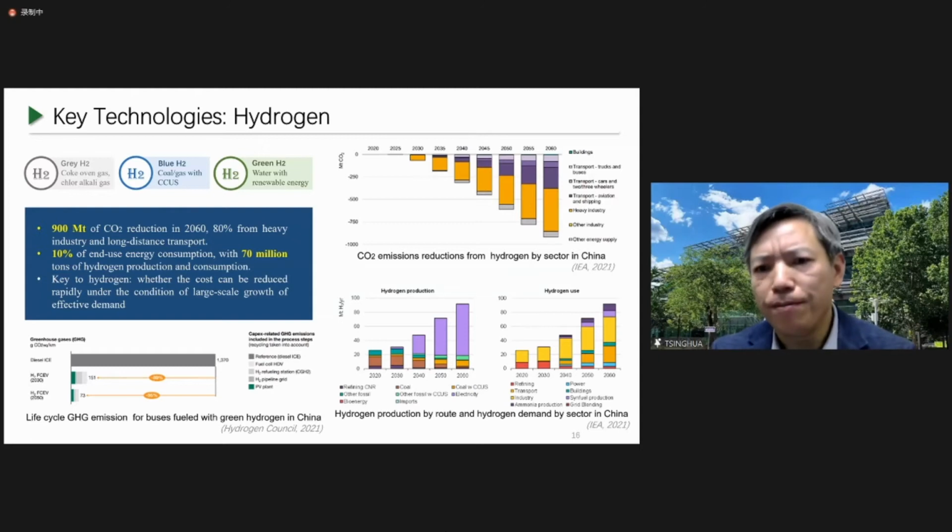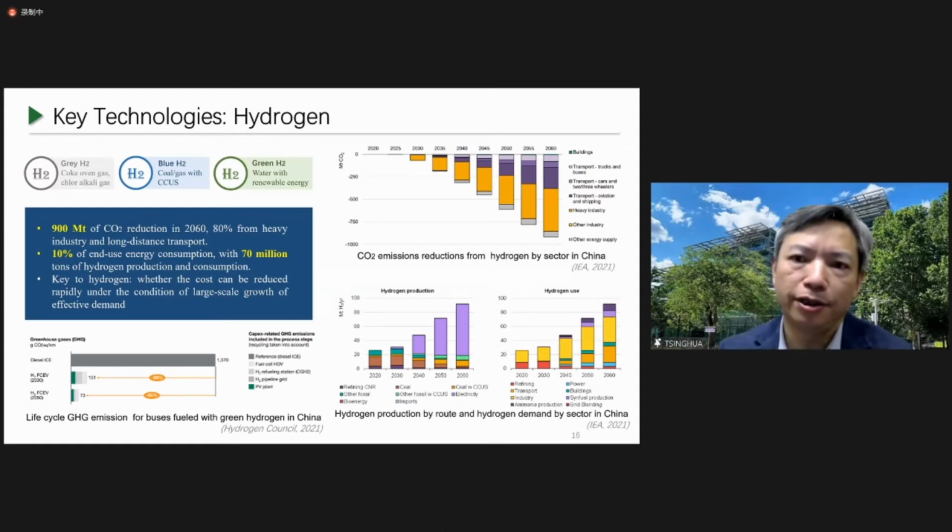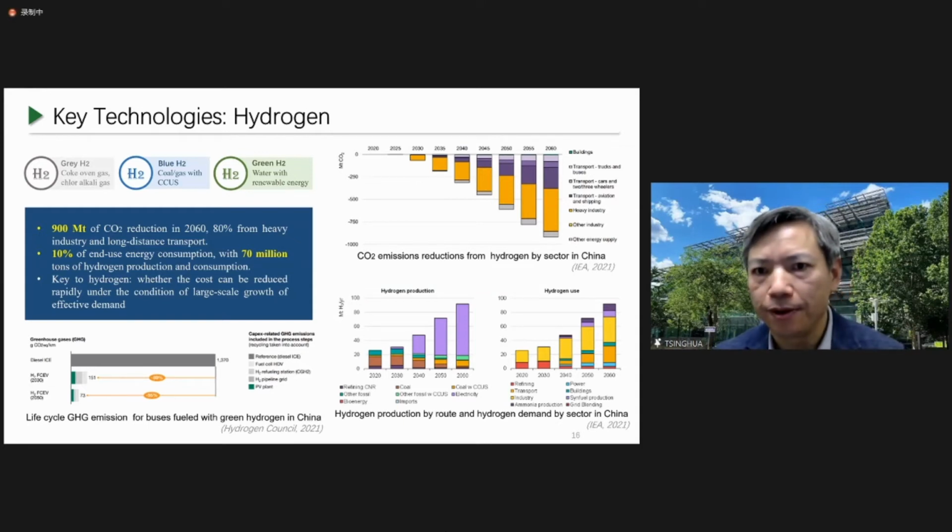Hydrogen also can be converted into feedstocks for the chemical industry, or in combination with CO2 into synthetic hydrocarbon fuels for the transport sector. From the view of production, hydrogen can be produced from a variety of primary energies, including natural gas, coal, oil, renewables, and nuclear energy. So there are 3 types of hydrogen with different production chains.